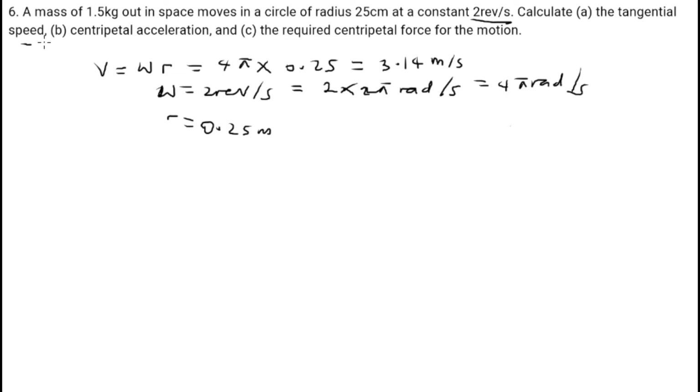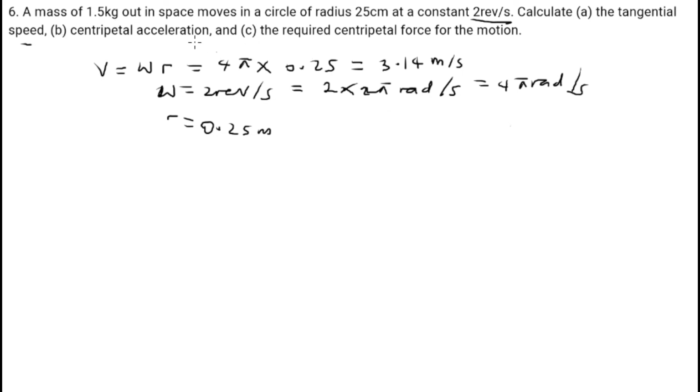Tangential acceleration is meter per second squared, but angular speed is rad per second, and angular acceleration is rad per second squared. Also, centripetal acceleration is meter per second squared as well.